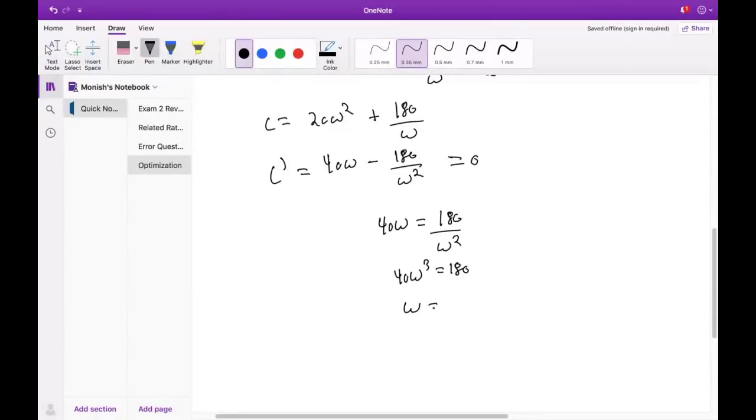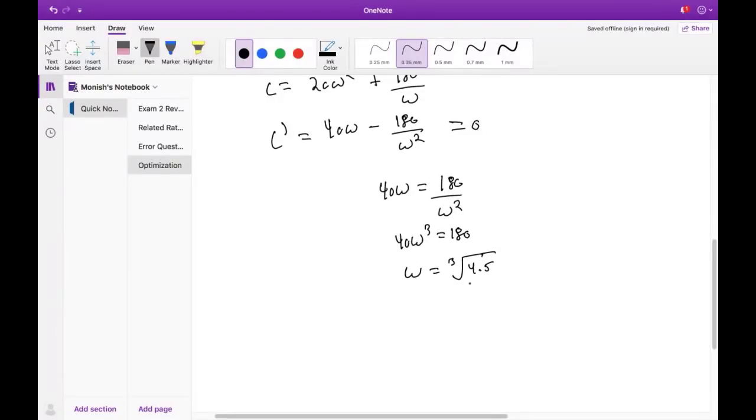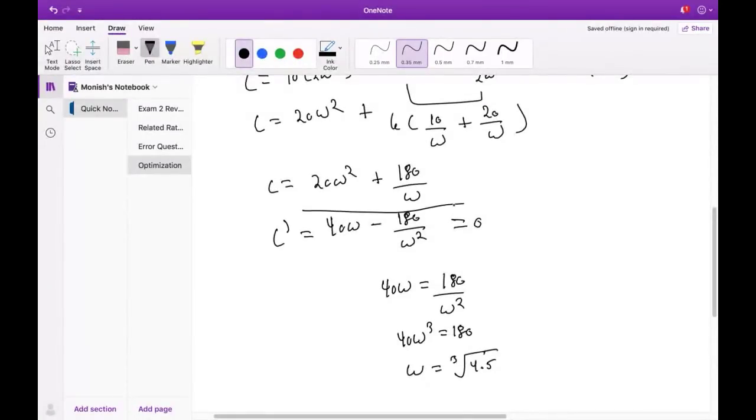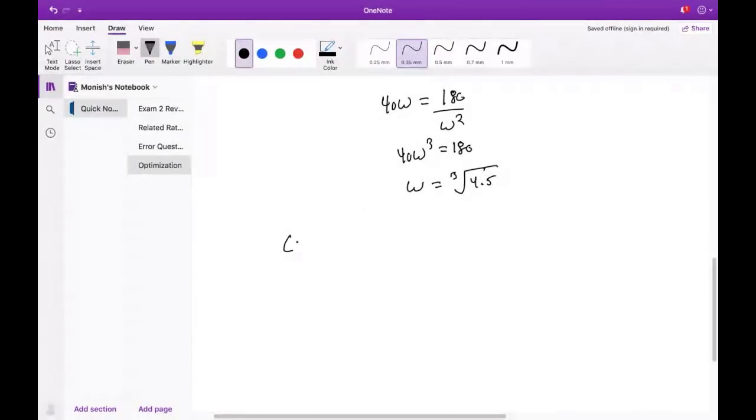And then W is equal to, if you solve this out, like cube root of 4.5. And then you're going to just plug this W value back in for your cost. And you'll get your final cost as being 163.54.